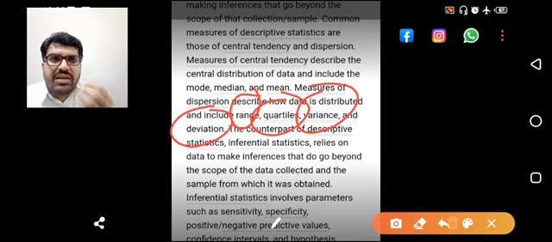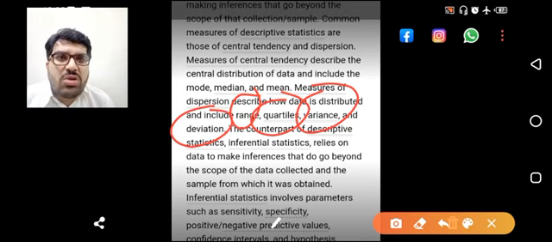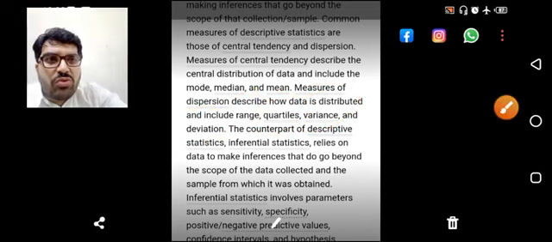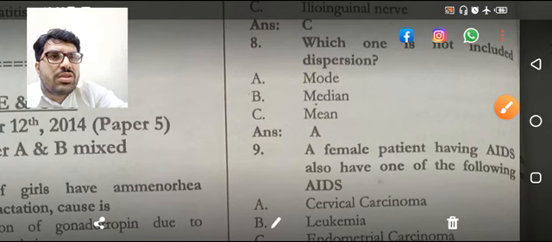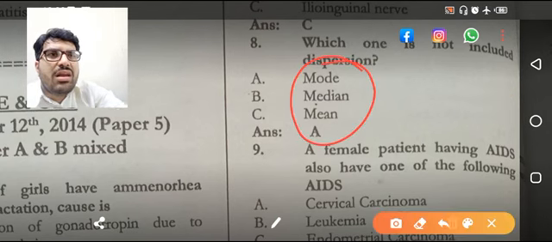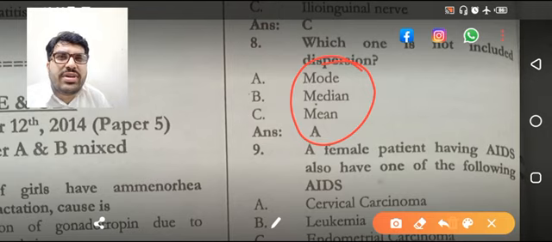So you look for the right answer in the exam. Out of the four options, if it is there, the range, quartile, variance and deviation, these are dispersion. So clear your mind. The answer over here is all are not included in dispersion. These all are the parameters which measure the central tendency, not the dispersion.